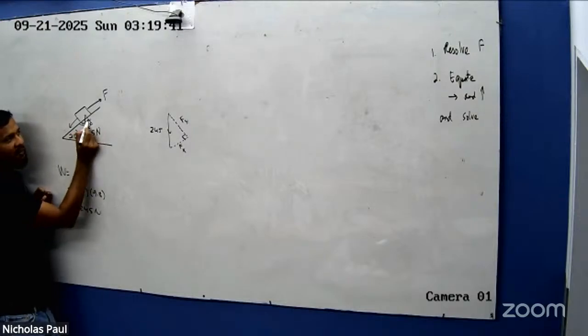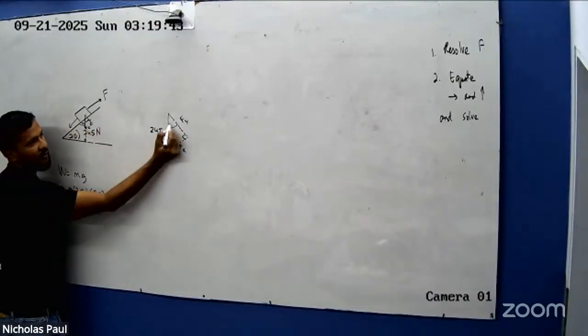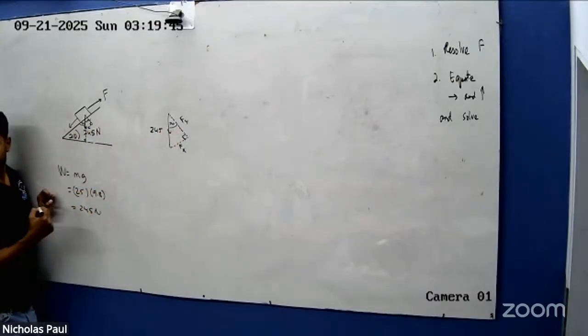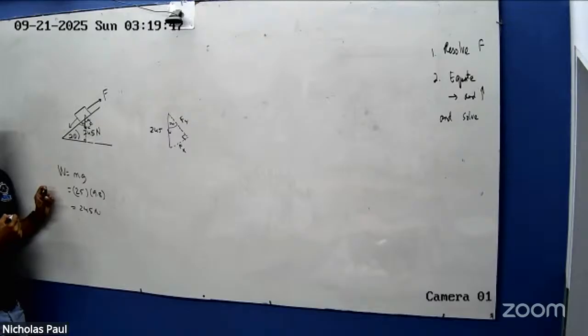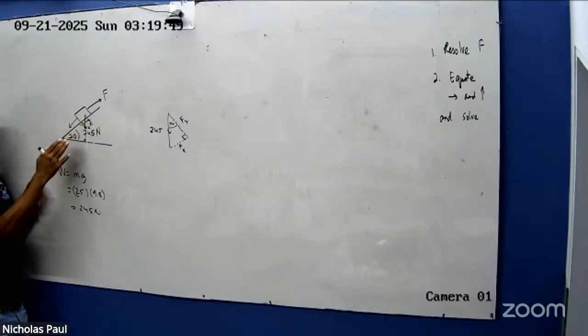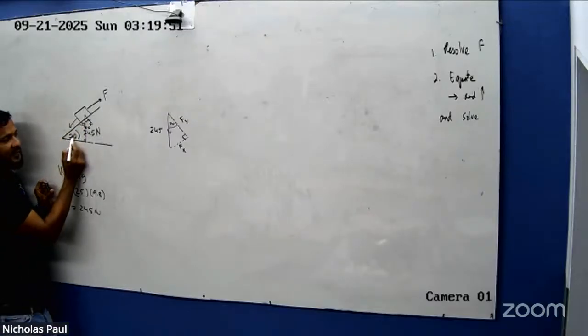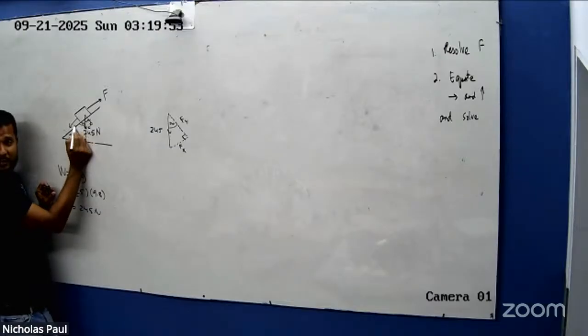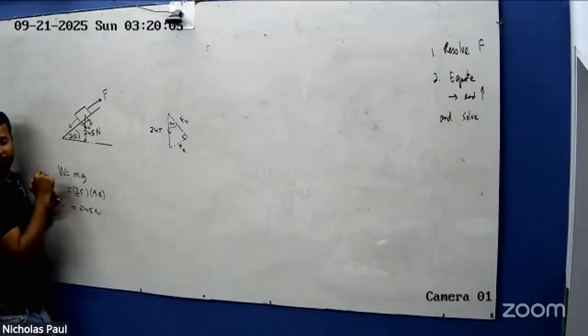Inside here, 20. I drew the diagram a little too small, but here is 20, here is 90, so here must be 70. And if here is 70, then here must be 20, because this and this are perpendicular.